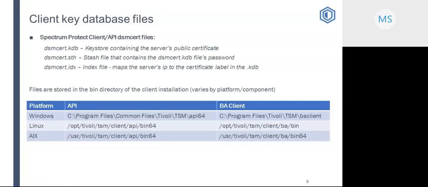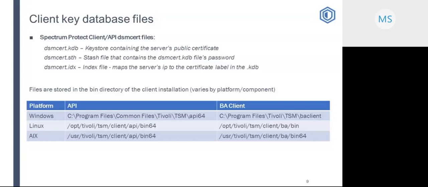DSMCRT.KDB file contains the server public certificate and DSMCRT.STH is the stash file that contains the key database file password in it. And DSMCRT.IDX is the index file which maps the server IP to the certificate label in the key database file. These files can be found in the following directories for API and BA client.